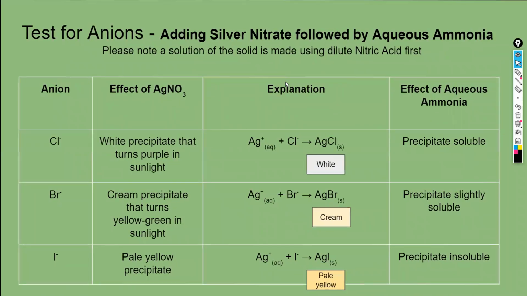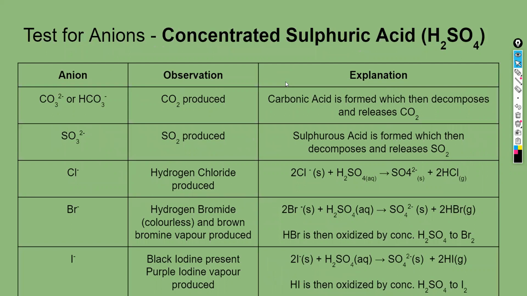Right. So this time we're going to add concentrated sulfuric acid. And these are the different types of ions, and this is what you expect to observe. And you have either the ionic equations that go with it, or an explanation of why it happens.